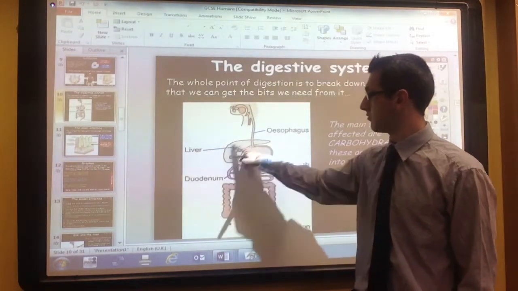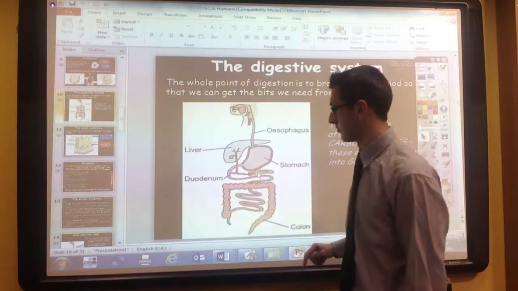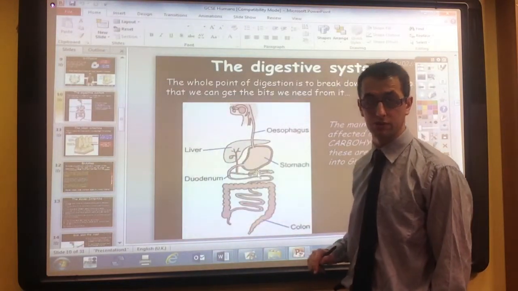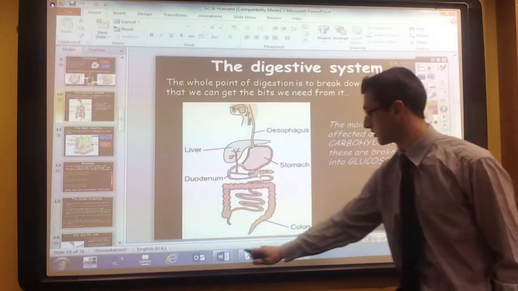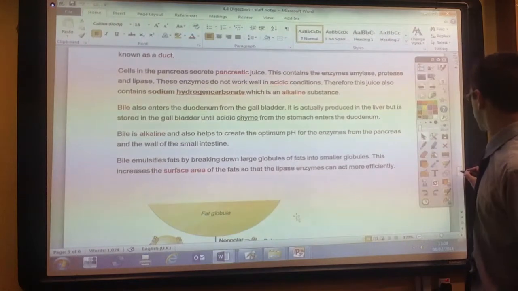The liver produces the bile, the gallbladder stores it and it travels down into the small intestine for neutralisation to take place. Bile has a crucial function.